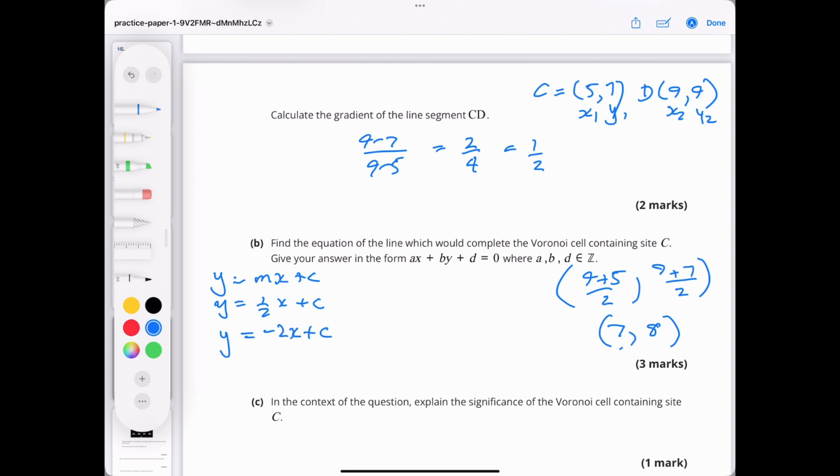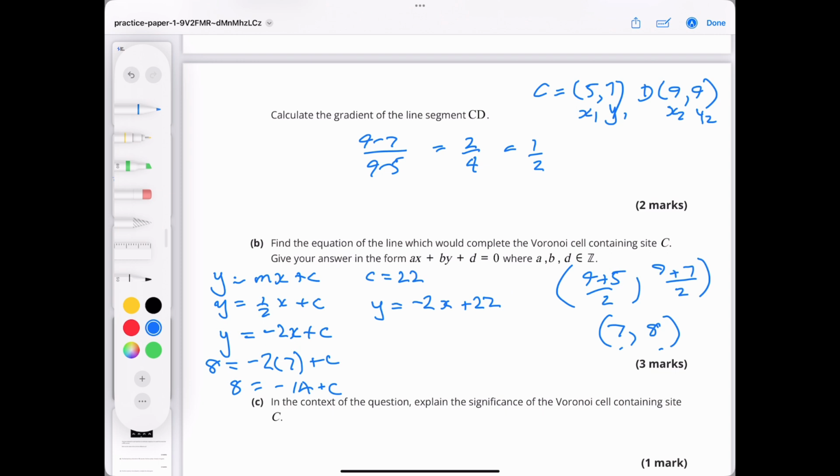And then we'll pop in 7 and 8 to find where it crosses. So that would be 8 equals minus 2 times 7 plus c. So that means 8 equals minus 14 plus c. So c equals 22. So now we've got y equals minus 2x plus 22.